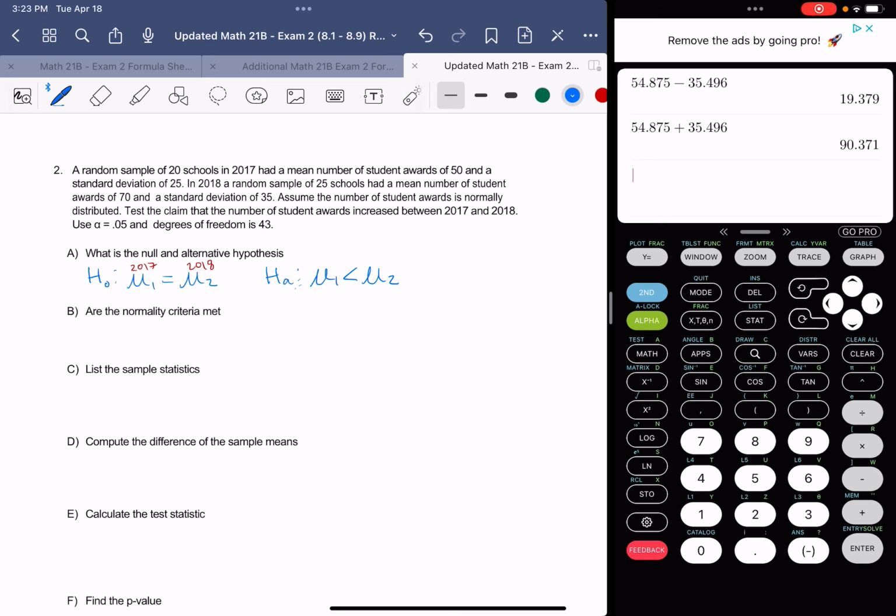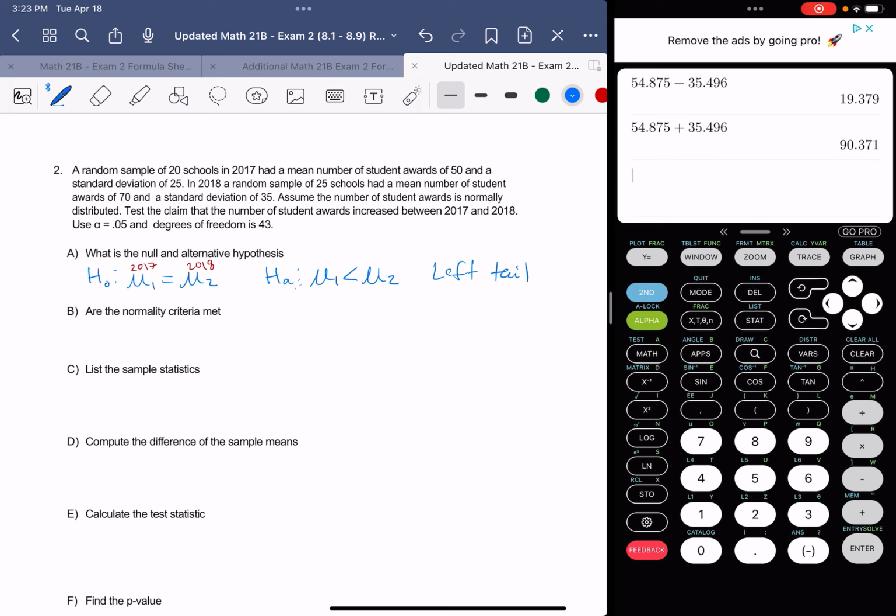It didn't ask for it, but what tail is this? Left tail. Question? Other questions would say, use the mean as mu1 and mu2. The mean is x bar.